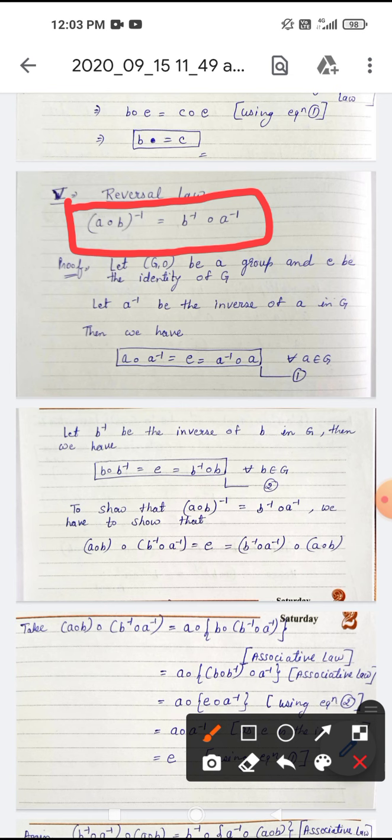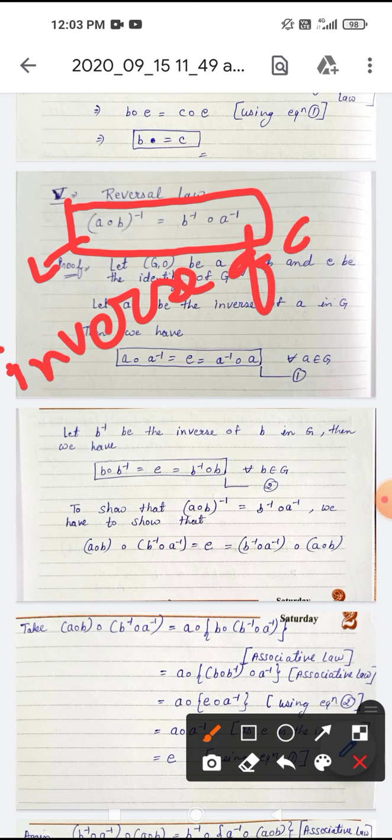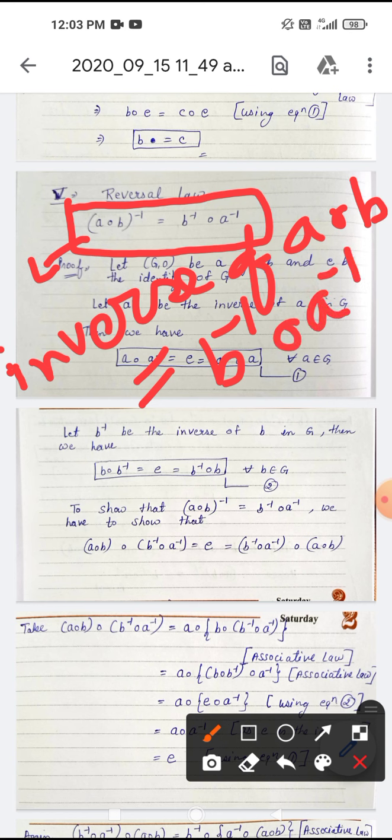That means, the meaning of the left hand side is, what is the inverse of A operation B? We have to prove that the inverse of A operation B is B inverse operation A inverse.